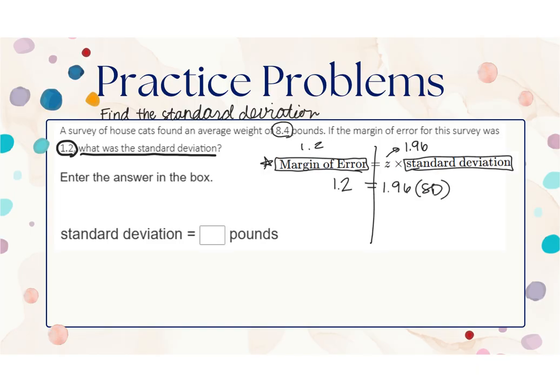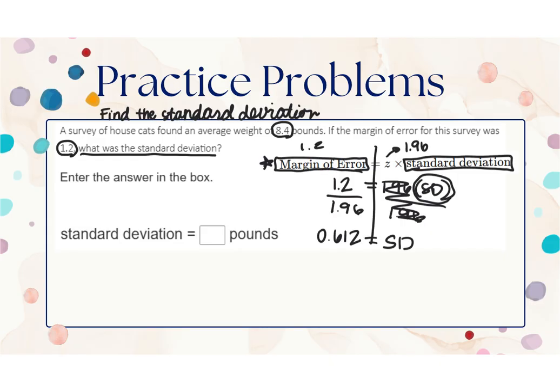So to find the standard deviation, we need to use our inverse operations. We are going to divide both sides by 1.96. So we end up with our standard deviation is equal to whatever we simplify here, which we get 0.612. So to answer our question, our standard deviation is approximately 0.61 pounds at a 95% confidence level.